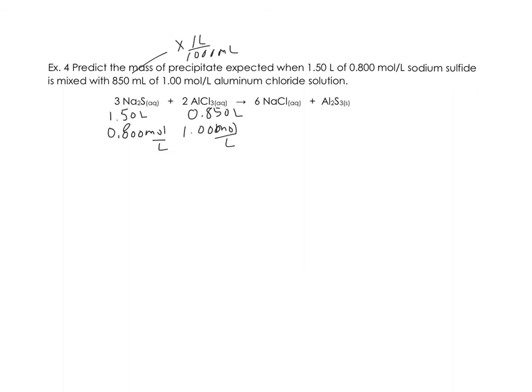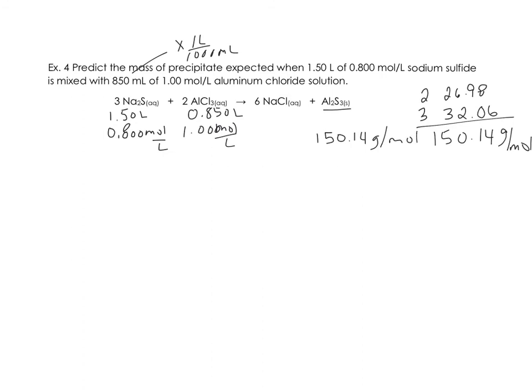All right, and we need to figure out the mass of precipitate. So our aluminum sulfide is our precipitate, so we need the molar mass of this, 2 times 26.98, and 3 times 32.06. So that's 150.14 grams per mole. Put that in here, 150.14 grams per mole.